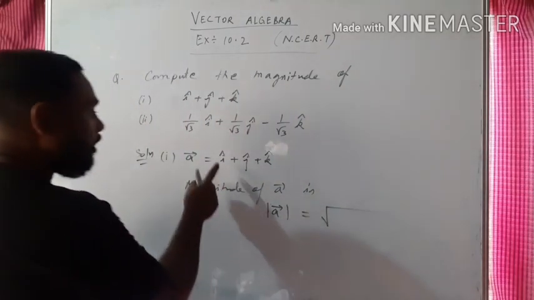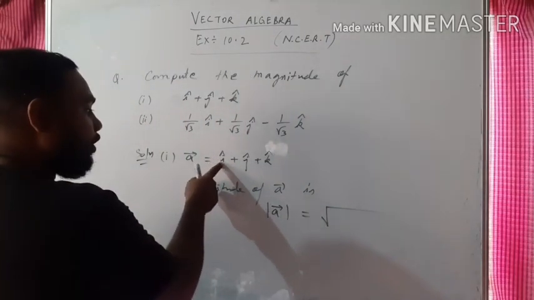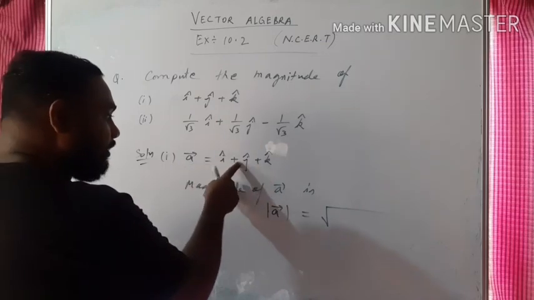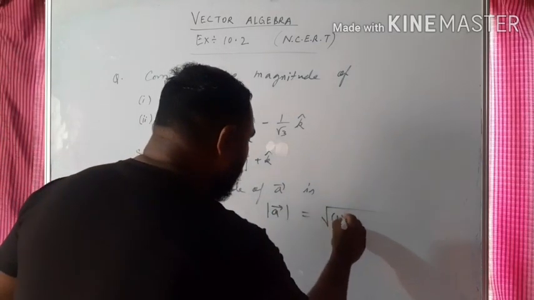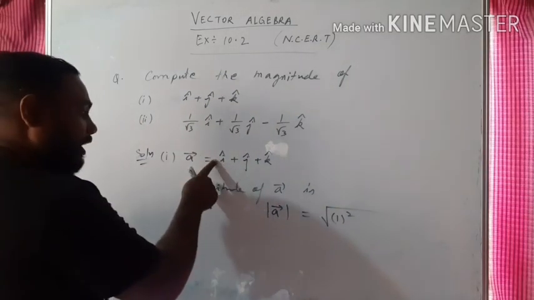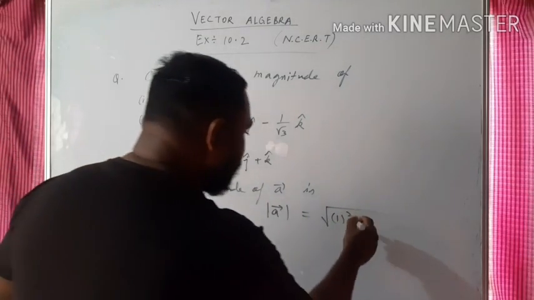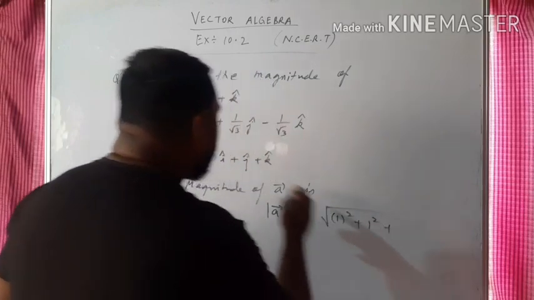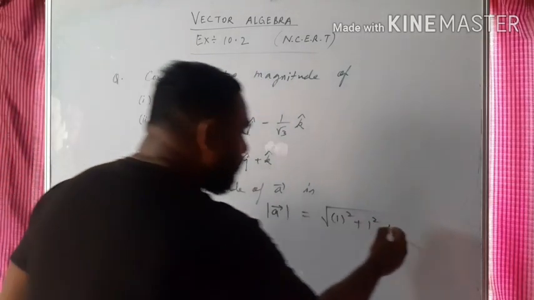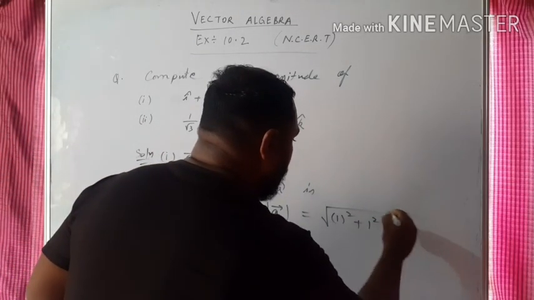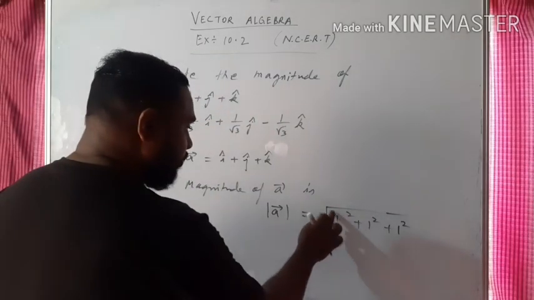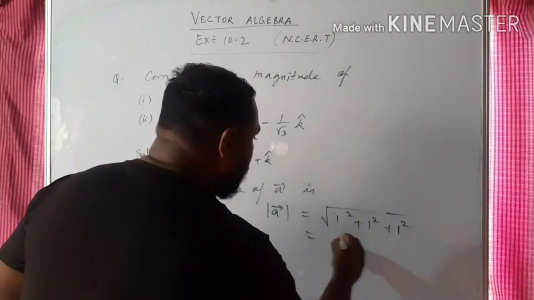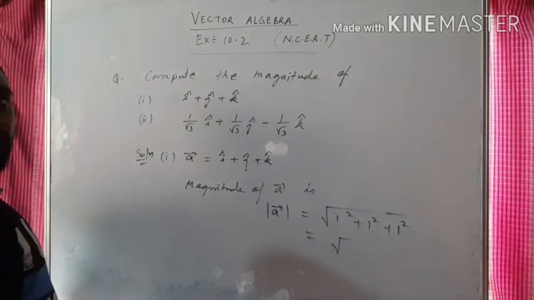Okay, and it is equal to what? It is equal to the scalar component of i square, that is 1 square, along with j I have 1, so 1 square, plus along with k I have 1 scalar, so 1 square. So this will give you the magnitude of the vector a.